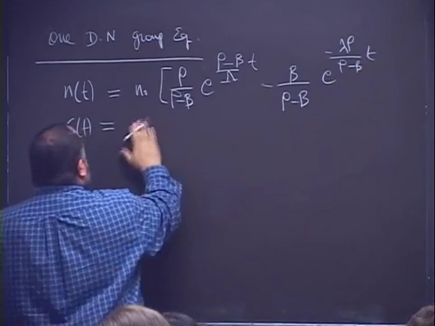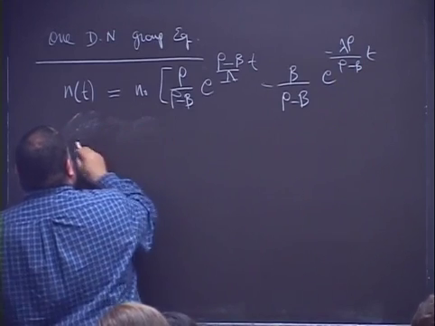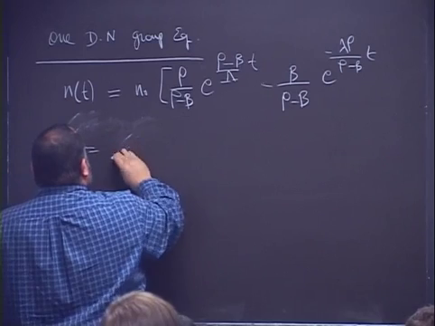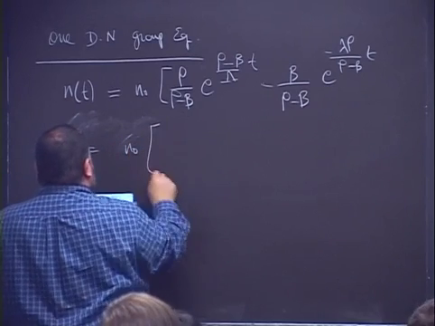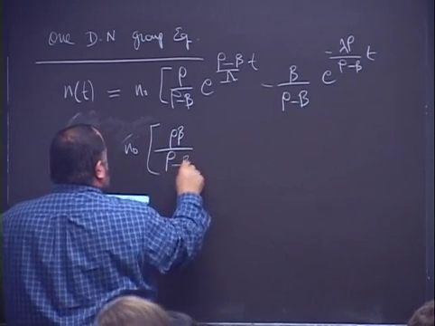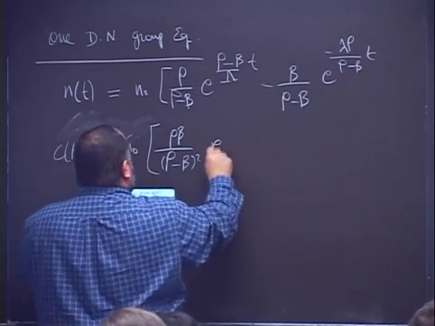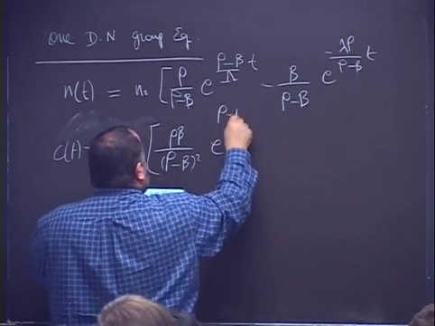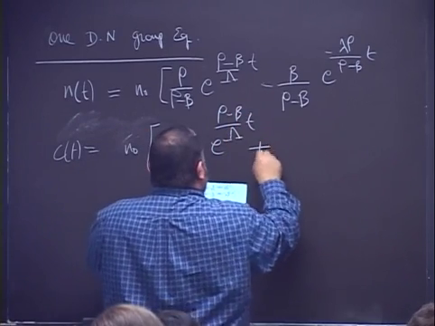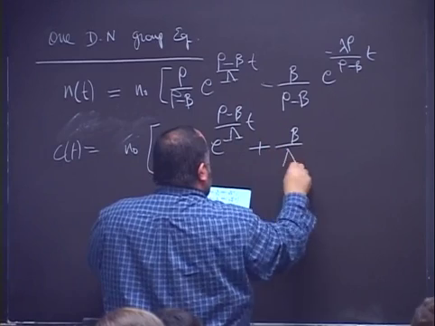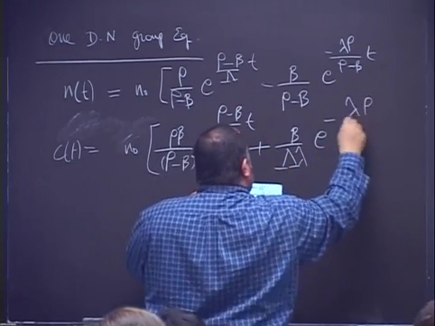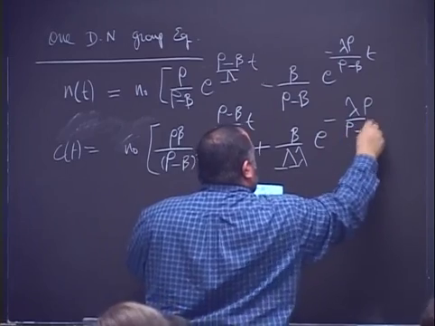And c of t will be just n naught rho beta divided by rho minus beta all squared e to the power of rho minus beta over gamma t, plus beta over gamma lambda e to the power of minus lambda rho over rho minus beta t.